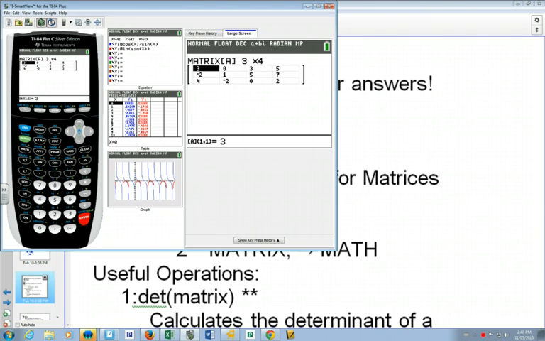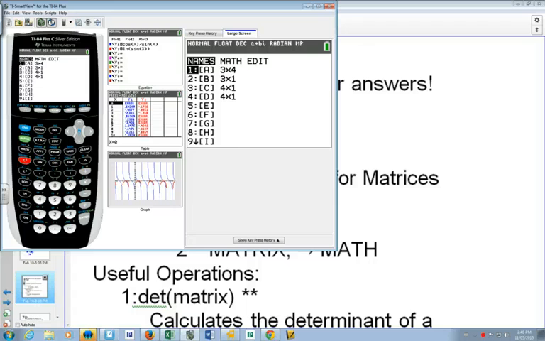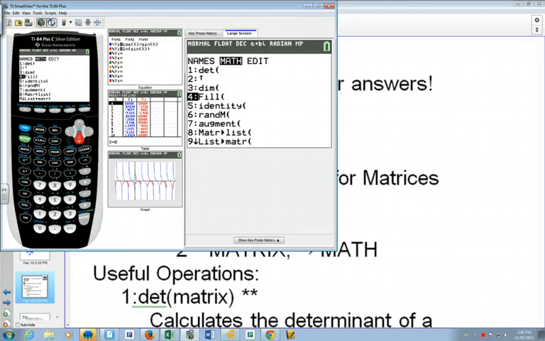5, 7, and 2 in there, and I'm going to go back to my main menu here, and I'm going to go second matrix, math, and I'm going to go all the way down until it has not just ref, but rref. And that stands for reduced row echelon form. Okay?